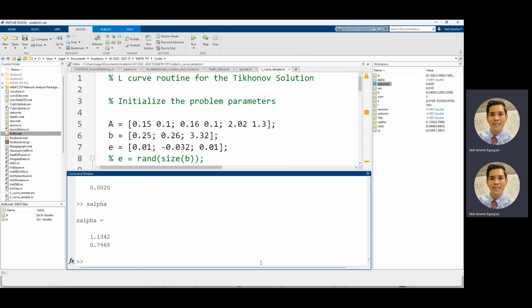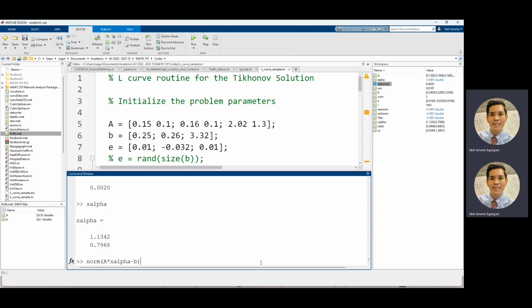Now, to check, did we model the noisy data well? In order to see that, we need to compute the relative error. Relative error, again, is the norm of the matrix A times X alpha minus the noisy vector B. So this will tell us how big the error is.